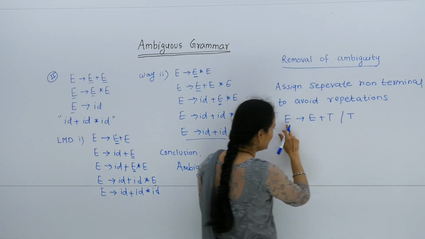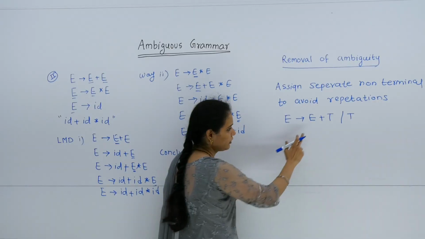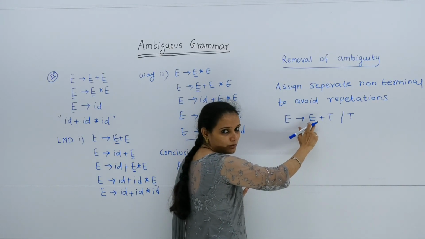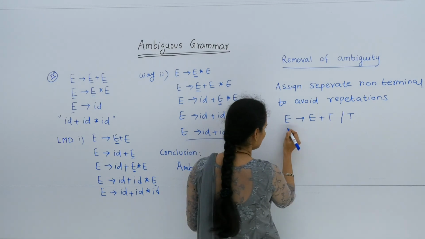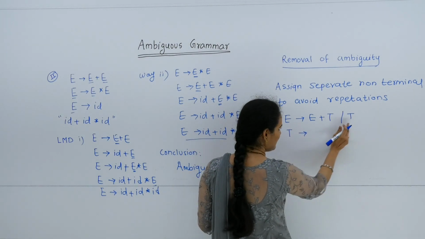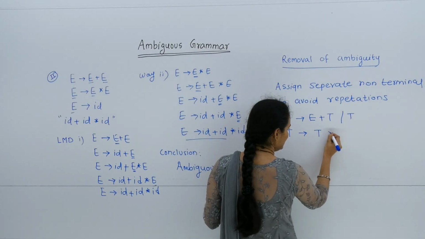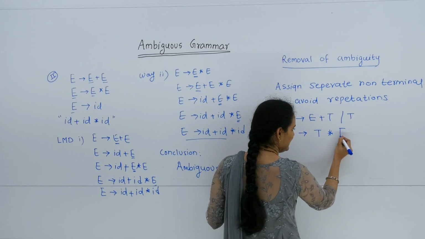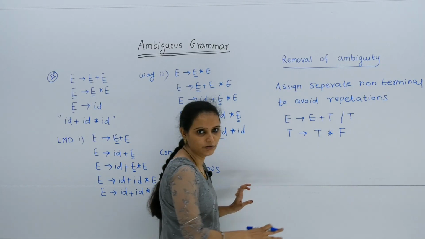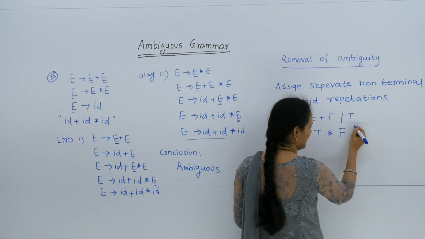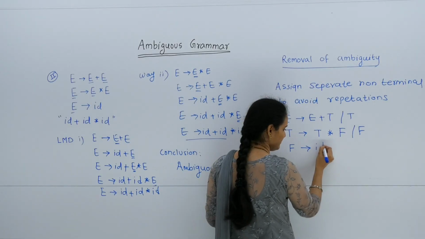So E produces E plus T, or it can produce T, because that E should also be replaced by T. Then T produces T star F, and F produces ID.